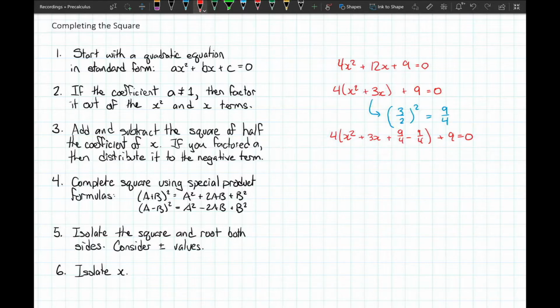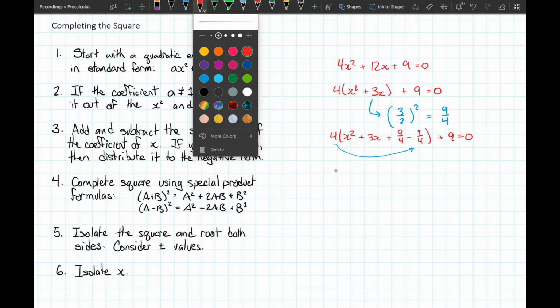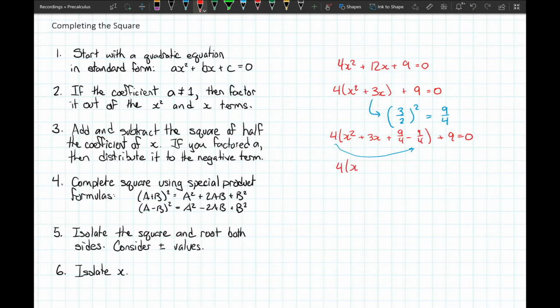If you factored a out, distribute it to the negative term. So let's take that 4 and distribute it just onto the negative one. We're going to pull that term out. That leaves us with 4 times x squared plus 3x plus 9 over 4. Factoring out the negative 9 over 4, or pulling that out and multiplying by 4, ends up becoming negative 9. Well, that's kind of handy.